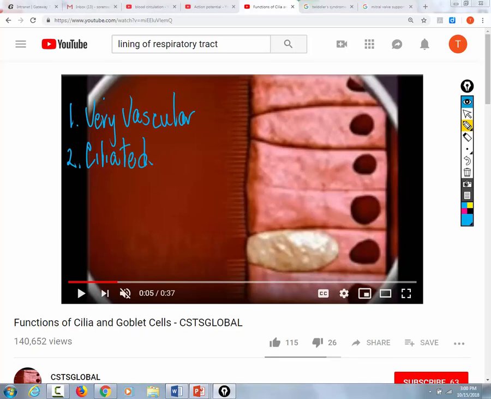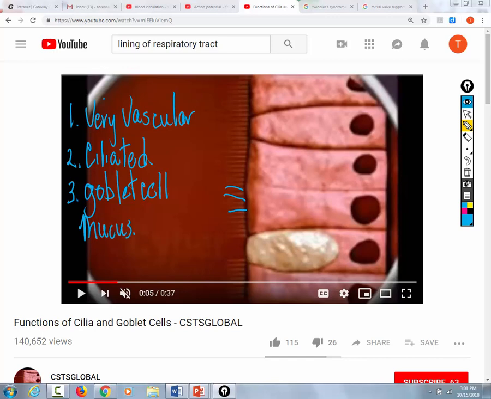And we know that cilia are extensions of the cell membrane that will actually beat in one direction, right? And in the case of the respiratory tract, the cilia beat from the lower airway to the upper airway. And number three is they have these specialized cells called goblet cells. And goblet cells secrete mucus.